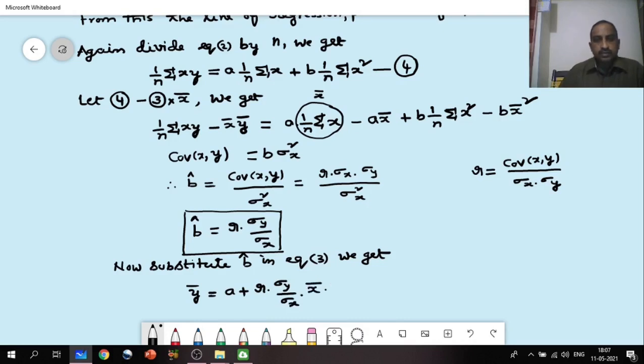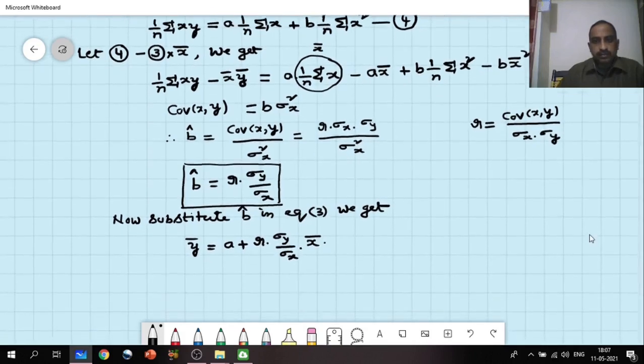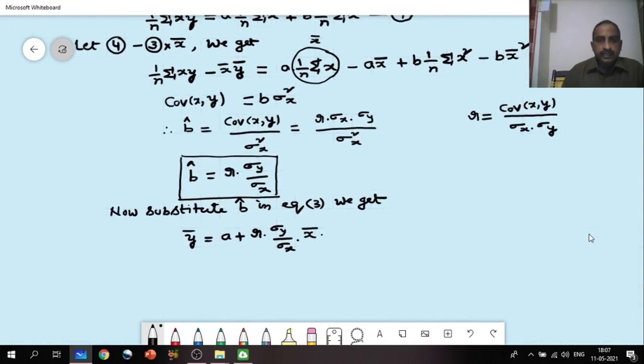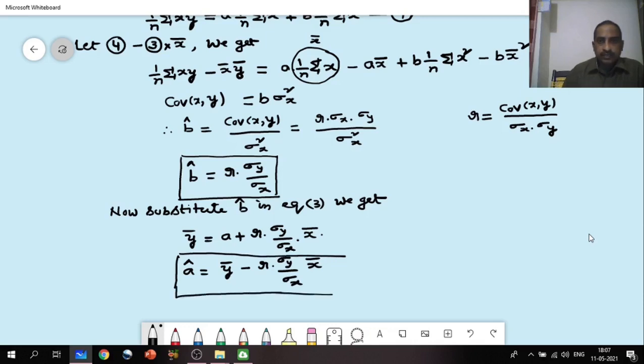So a equals y bar minus r into sigma y by sigma x into x bar. Am I correct? This is nothing but another unknown value which is involved in the line of best fit for the given n data points, right?